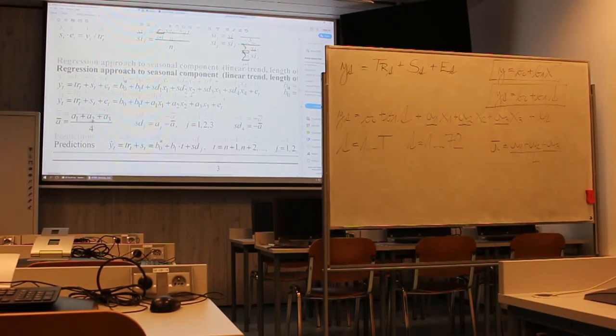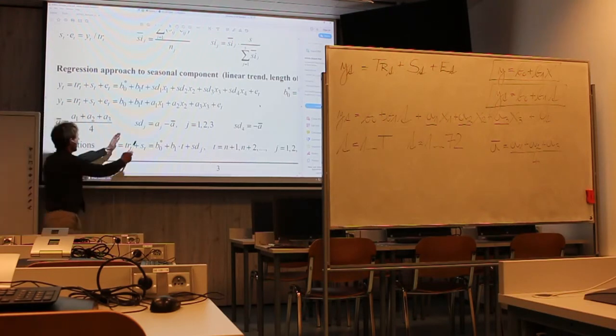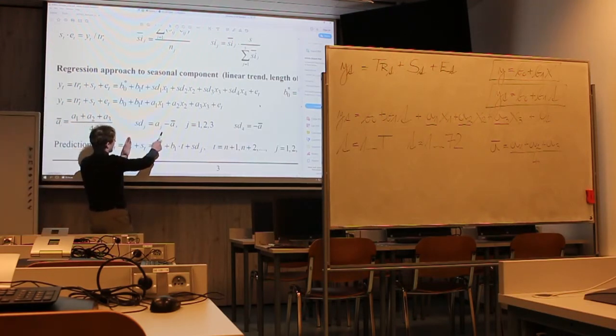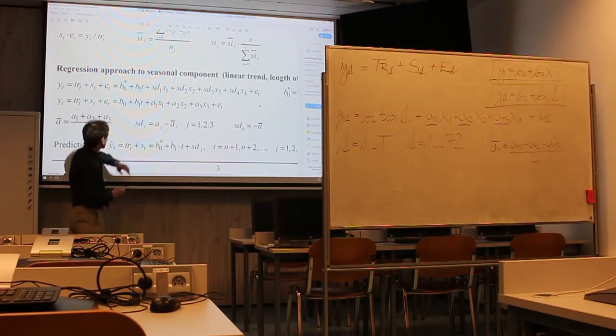After that we will calculate the seasonal factors, which are denoted here SDj. We have 4 quarters, so we will calculate 4 seasonal factors.